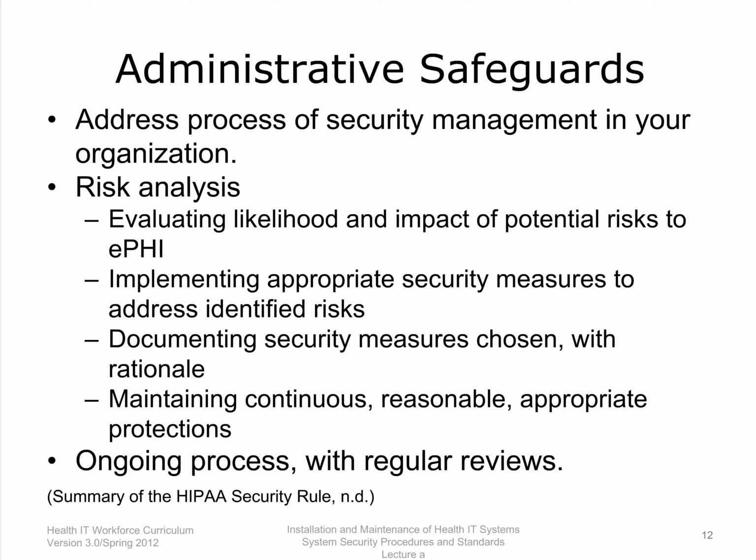This should be an ongoing process. Regular reviews should be performed to evaluate the effectiveness of the security measures put in place, and newly identified potential risks to EPHI should be addressed in an ongoing fashion.